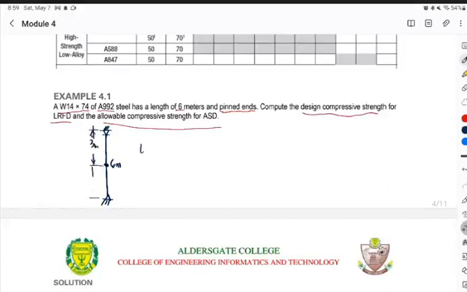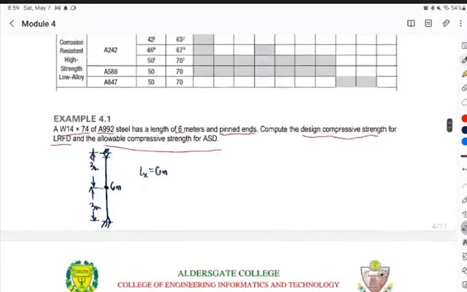Di magbabago yung L sub x at L sub y natin. Yung L sub x natin, since x is our strong axis, 6 meters pa rin yun. Pero yung L sub y natin, our length along the weak axis, since nilagyan natin ng stiffener, it will now be 3 meters.